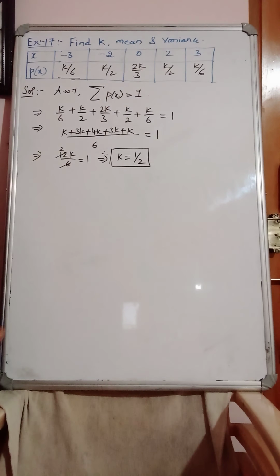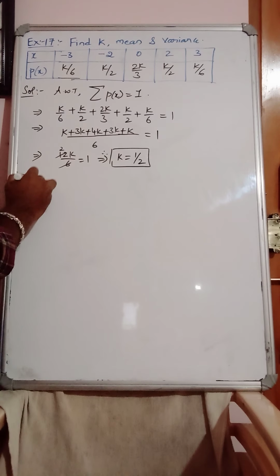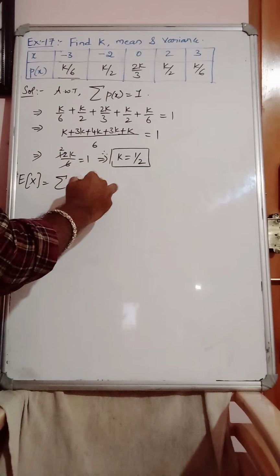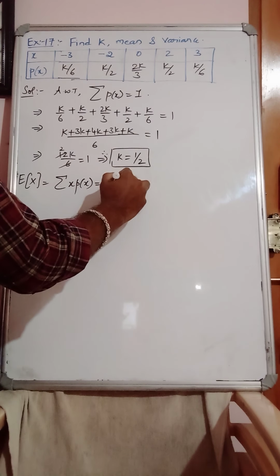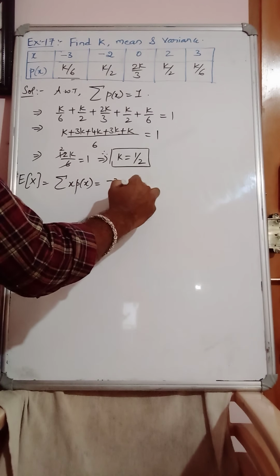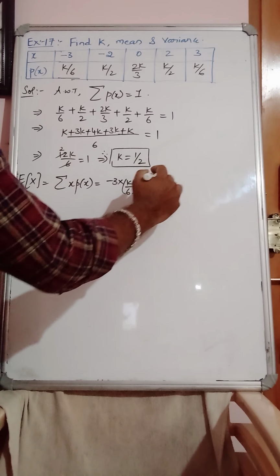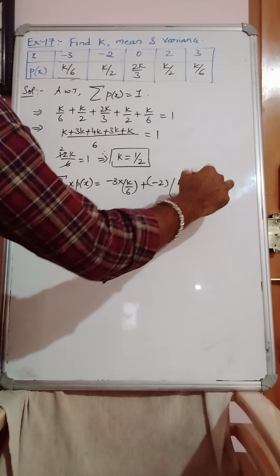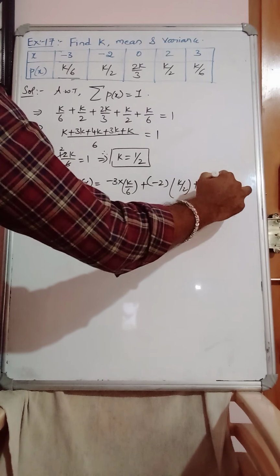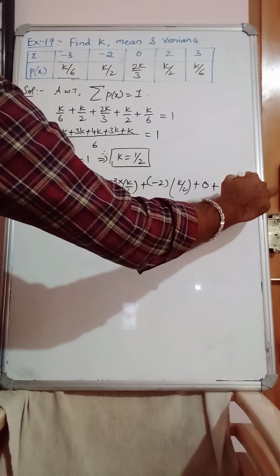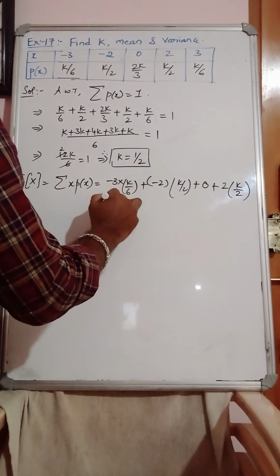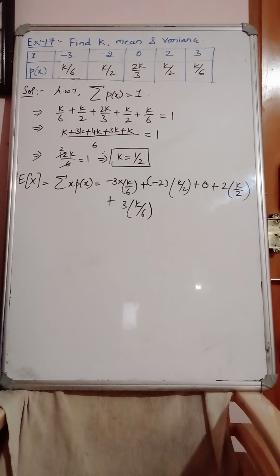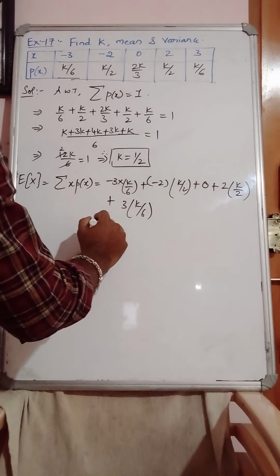First, anyhow we got the k value, find expectation of x first. Mean, x into p of x, that equals minus 3 into k by 6 plus minus 2 into k by 2 plus 0 into anything is 0 plus 2 into k by 2 plus 3 into k by 6. This total we need to calculate now.